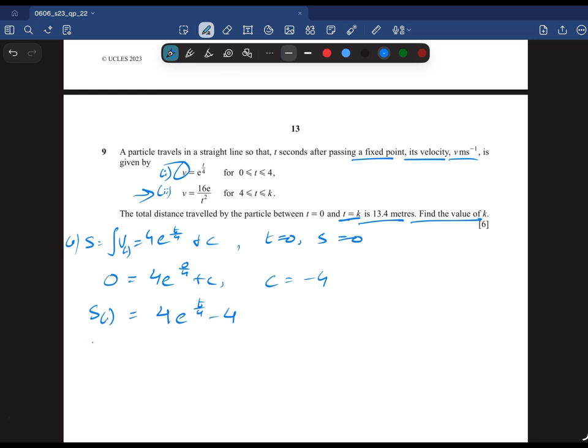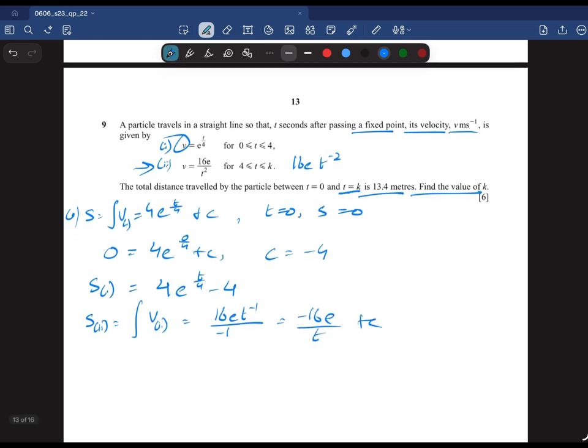So integrate v2, s2 would be equal to the integral of v2, which would be equal to, now as you can see, this can be written as this. So increase the power by 1, we get 16e t to the power minus 1 divided by the new power, which is equal to minus 1. We get negative 16e over t plus c.